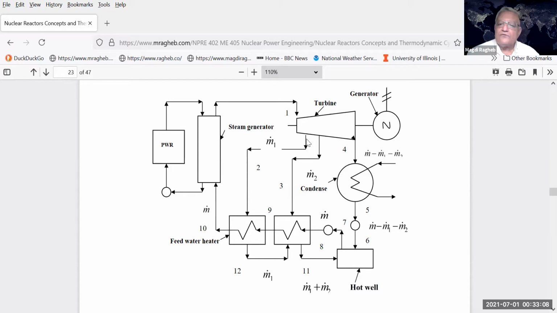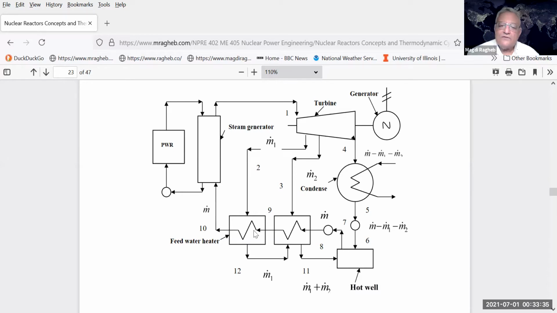You'll see that, of course, what's left is m dot, the initial flow rate going through the steam generators, minus m1 dot bled to the first stage feed water heater, minus m2 dot, the steam going to the second feed water heater. That m dot minus m1 dot minus m2 dot flow goes to the condenser and to the hot well of the condenser.